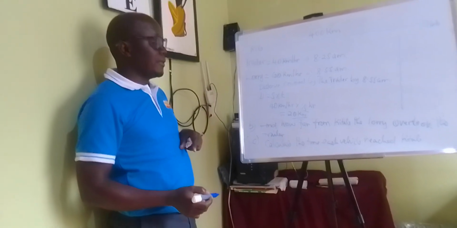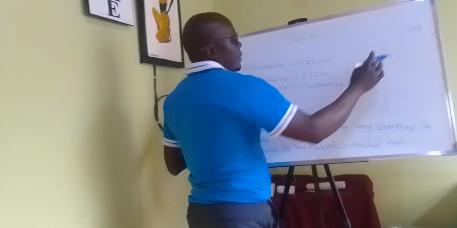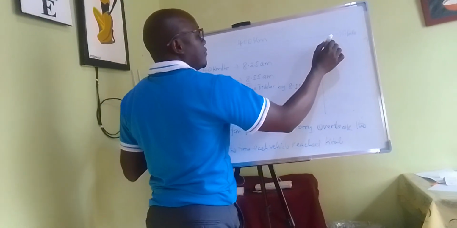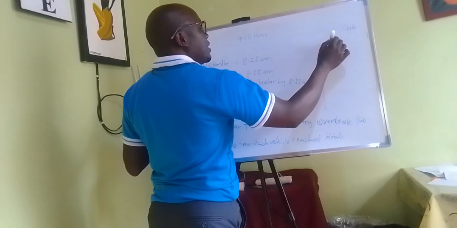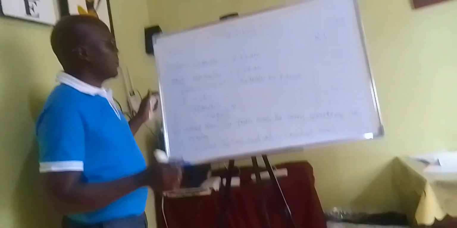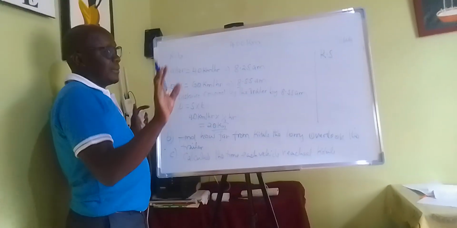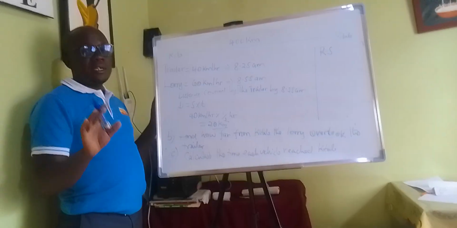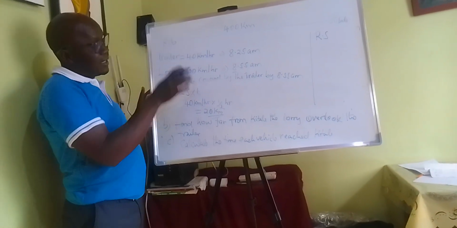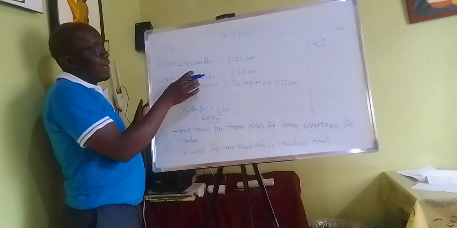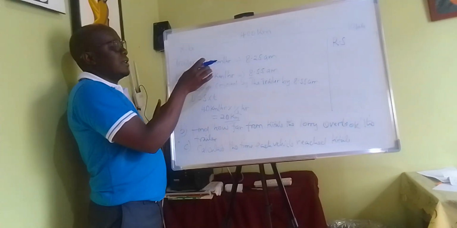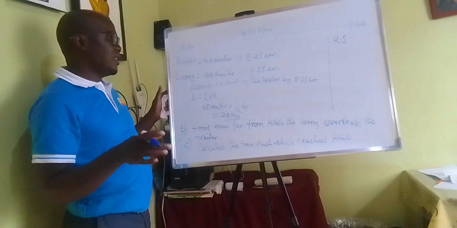Now, another thing we need to get is the relative speed. As I said, for bodies moving in the same direction, the relative speed is the difference in their speeds. In this case, the lorry exceeded the trailer in terms of speed by 20 km/h.